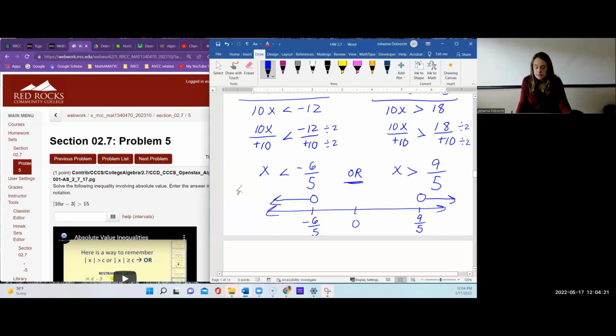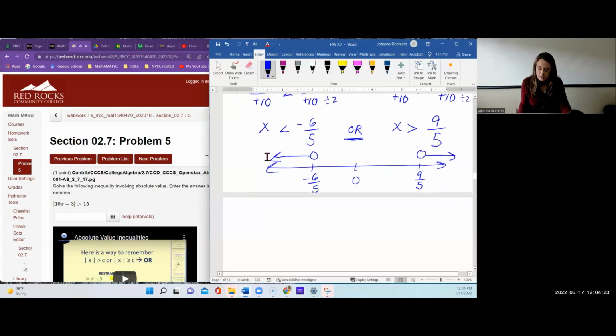Now let's interpret this and write this in interval notation. Far left is negative infinity. Then it goes until it stops at negative 6/5. That's an empty circle, so we put a round parenthesis. Then we use what's called the union symbol, which looks like an uppercase letter U, but without the tail on the end.